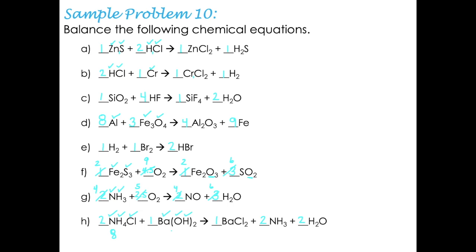But I also have 2 hydrogens in barium hydroxide. So I have 10 total hydrogens in my reactants, which means I must have 10 hydrogens in my products. There's none here. 2 groups of 3 gives me 6. Plus 2 groups of 2 is 4. Also gives me a total of 10 hydrogens.